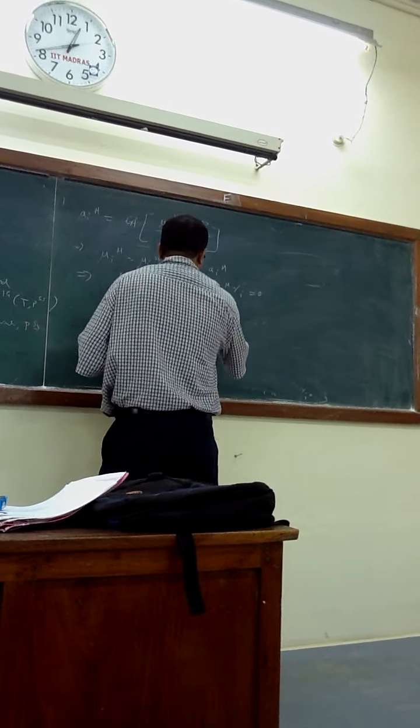If you do the things properly, on the right side we have summation gamma i mu i SS. One term I am taking out, very simple: mu i SS gamma i. On the left side, RT summation i equals 1 to C of ln a_i to the power gamma i.